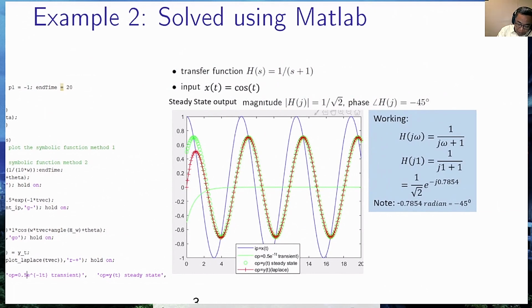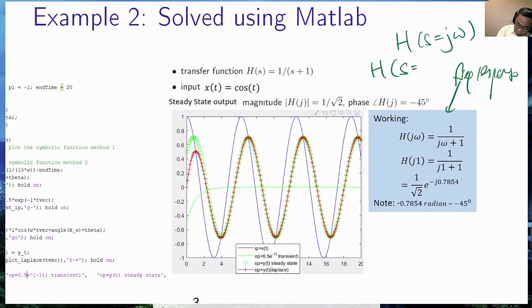Now, let me highlight something to you: the frequency response. Remember what the frequency response is? We take h of s and we substitute omega. So what are we interested in? s equals j1, because omega is 1 for the input we're interested in, cosine 1t.